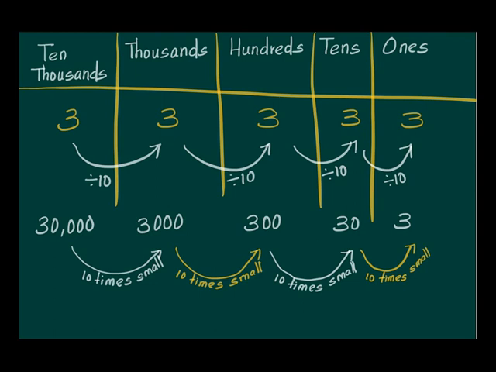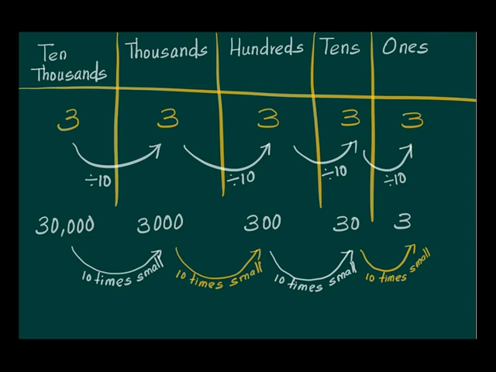So this is a place value chart for division. This shows what happens when we divide a number. So when we divide a number by 10, it becomes 10 times smaller. So the 3 in the 10,000s place when divided by 10 becomes 10 times smaller, and it becomes 1,000.